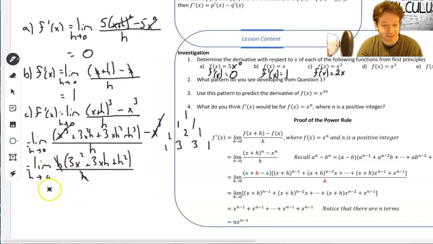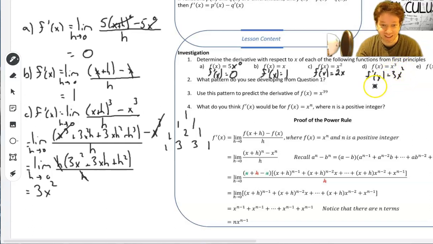So the h's cancel, and now as we assign h equal to 0, these last two terms are going to cancel, and we're just left with this first term, 3x squared. All right, so going back over here, this derivative then is 3x squared.